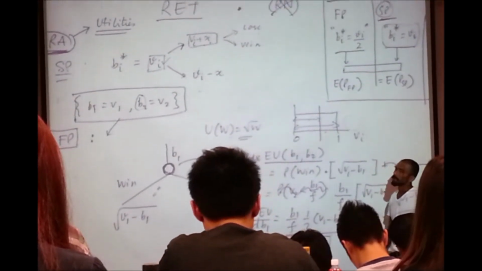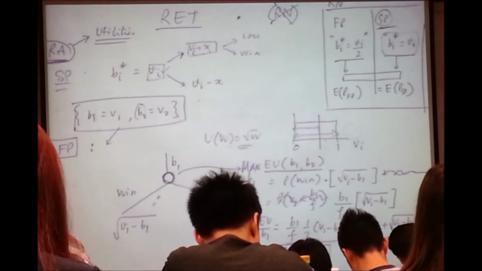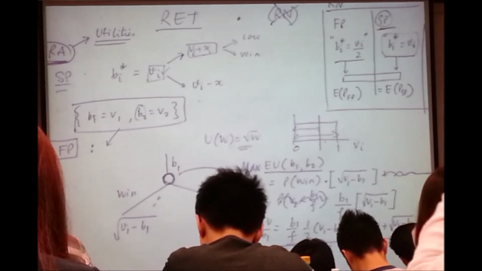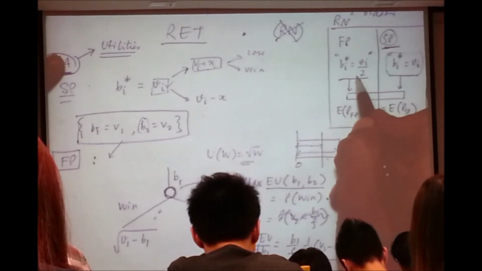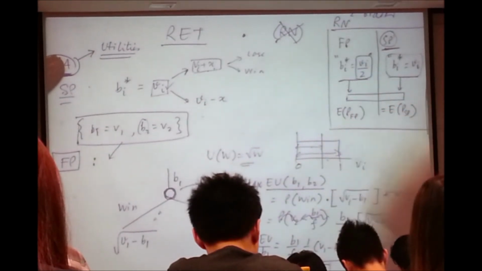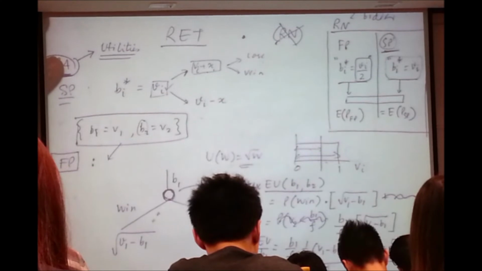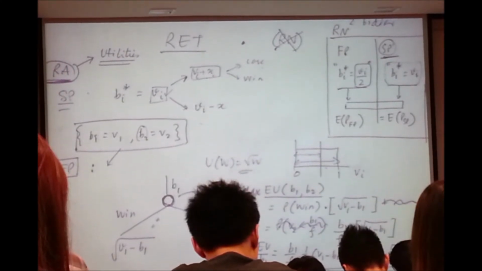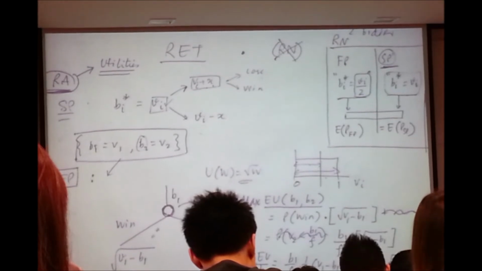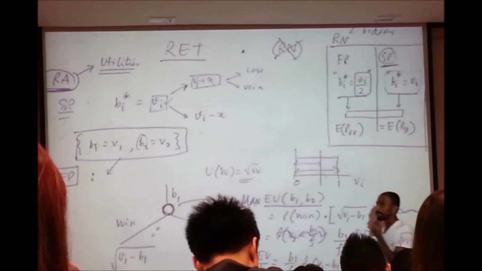The risk-neutral bidder, under the same framework, was bidding half his value. Clearly, a risk-averse bidder bids more compared to a risk-neutral bidder in a first price auction.